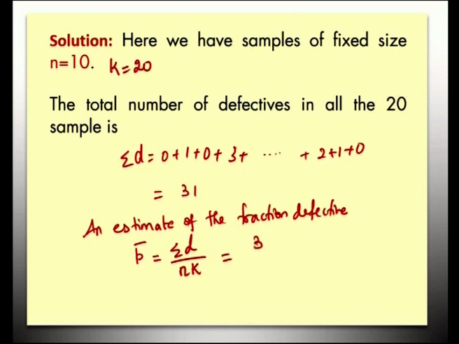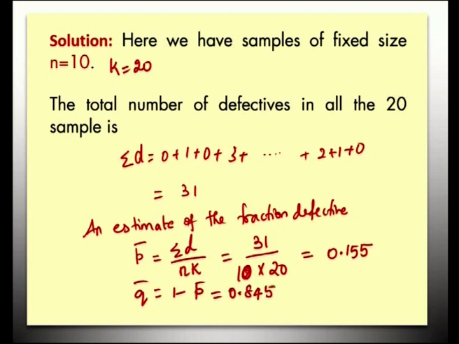So, summation D is 31 divided by 10 into 20 and the value is 0.155. So, P bar value is 0.155 and Q bar is 1 minus P bar, which is 1 minus 0.155, equal to 0.845.